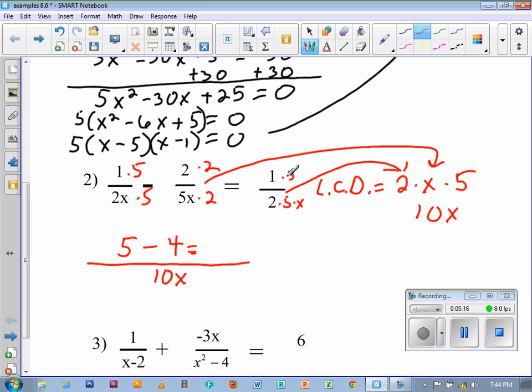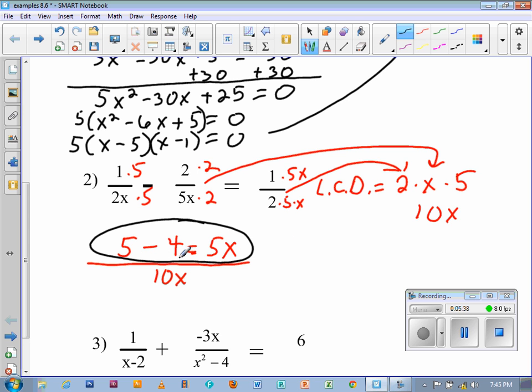That's going to create 10x on the bottom, which is my LCD, and 5x on top. Once you've rewritten all the fractions with an LCD, you can focus your attention just on the numerator, solve that part only, and that will be your value of x.